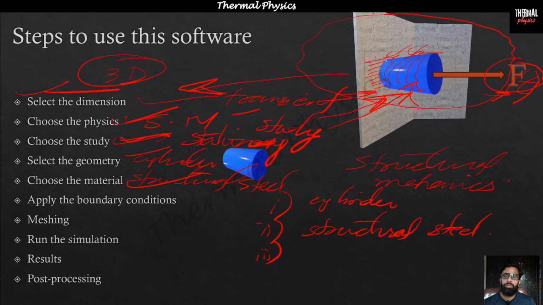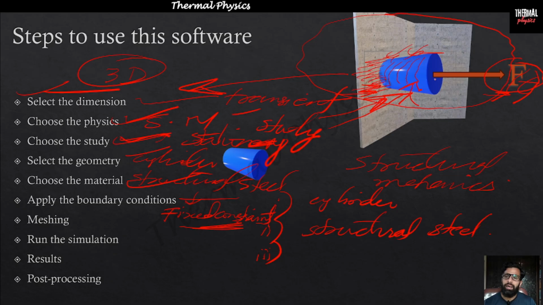We know that the prismatic bar is fixed on one end, so under boundary conditions we will apply a fixed constraint, that means one end is fixed. We will select this end in the computer and apply the fixed constraint, telling the computer this end of the bar is fixed.